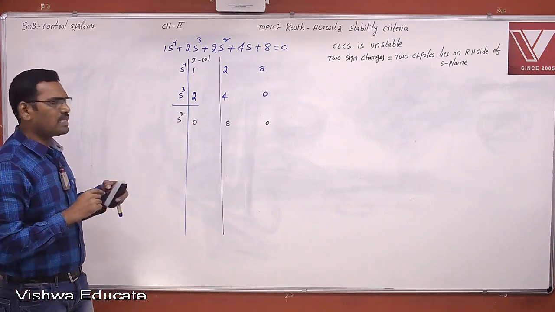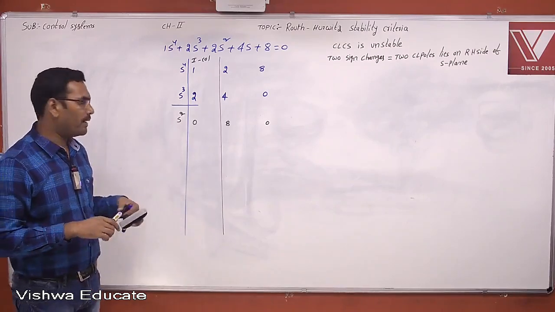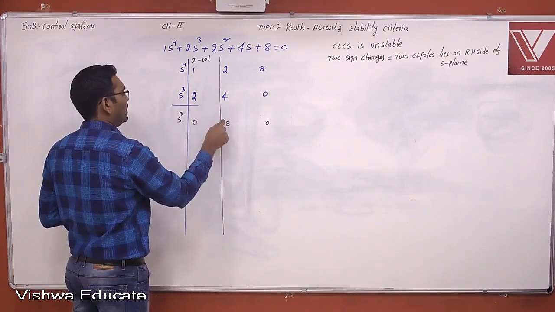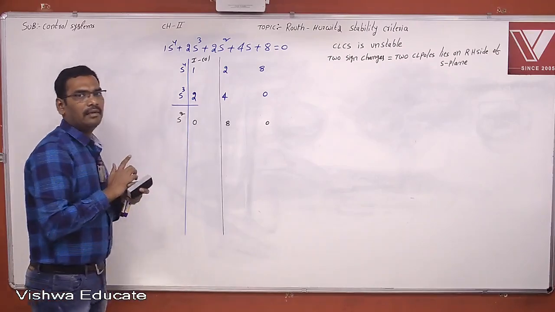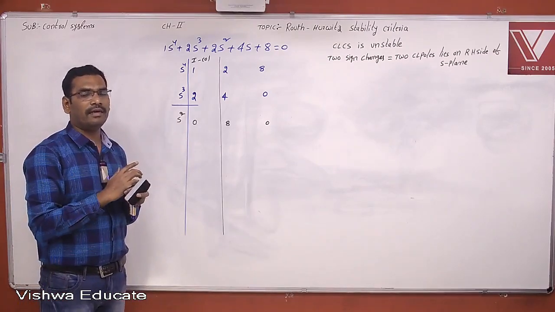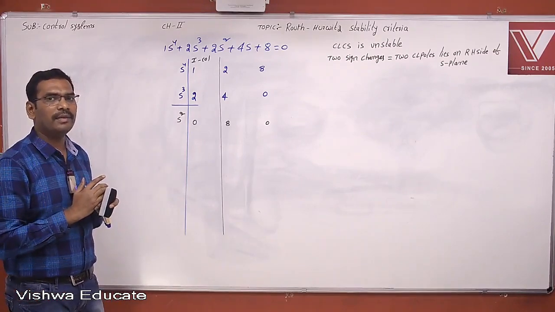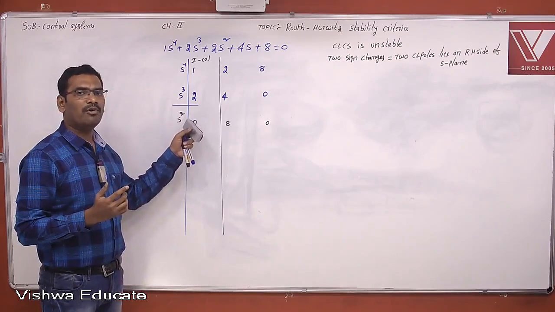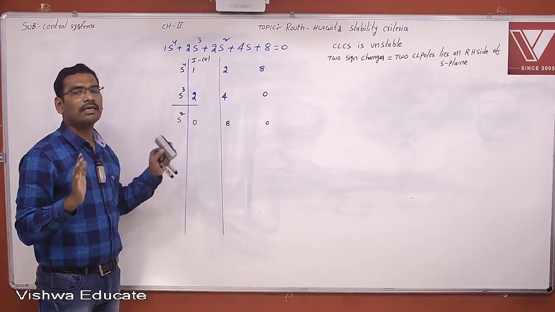If we continue, what happens? 0 into 4, 0, minus 16 by 0, and you get infinity. If you continue, infinity by infinity, an indeterminate state will come. Therefore none of the coefficients in the first column should be 0.